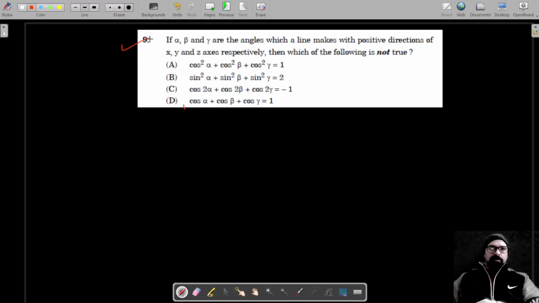Okay, for question number 9, it's given that alpha, beta, gamma are the angles which a line makes with the coordinate directions of x, y, and z axis respectively, then which of the following is not true?